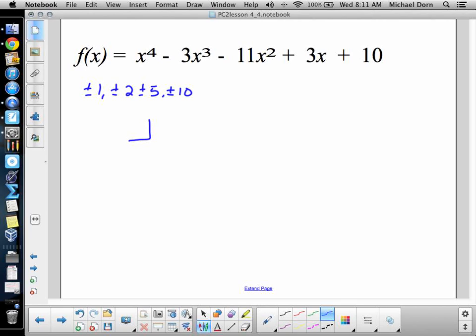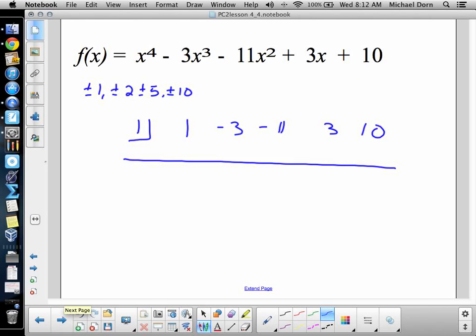But we start setting up. My coefficients are 1, negative 3, negative 11, 3, and 10. And notice anything? 1's going to work, isn't it? Because negative 3 and negative 11 is negative 14, and 1, 3, and 10 is also 14. 1 is going to be a factor here.